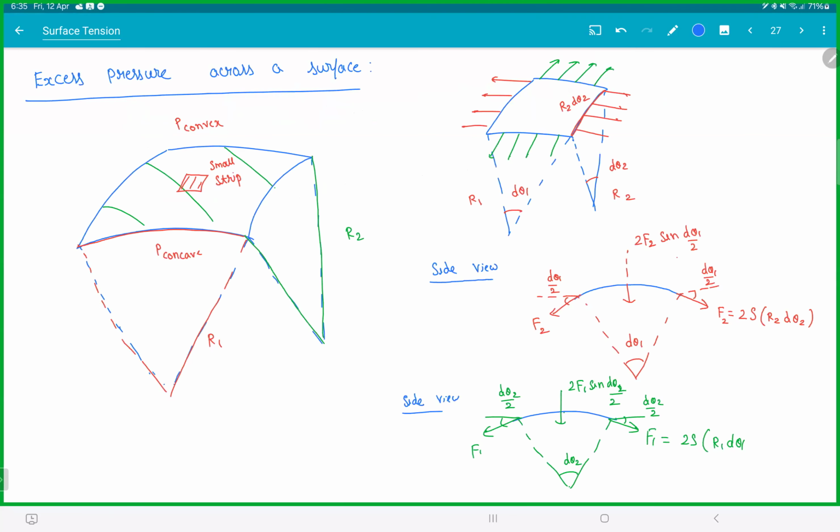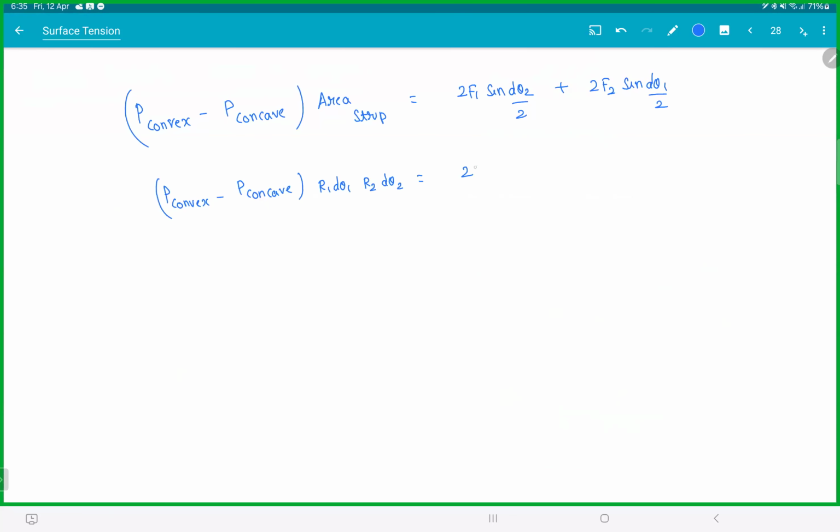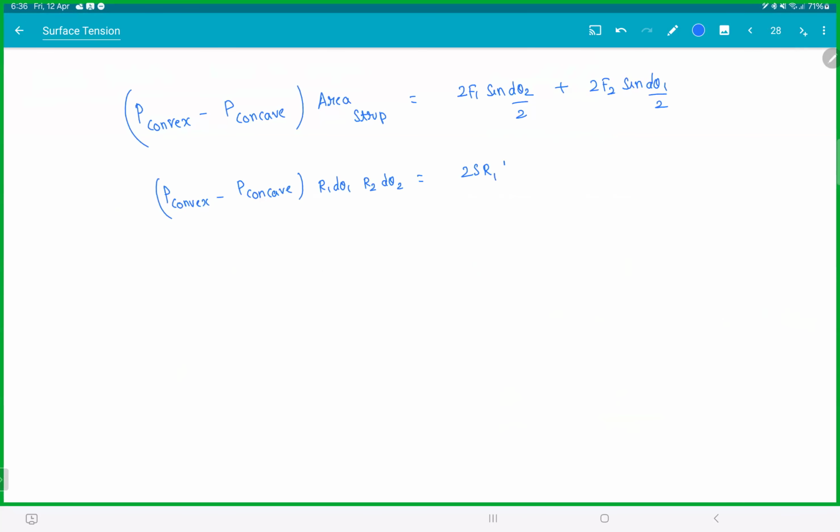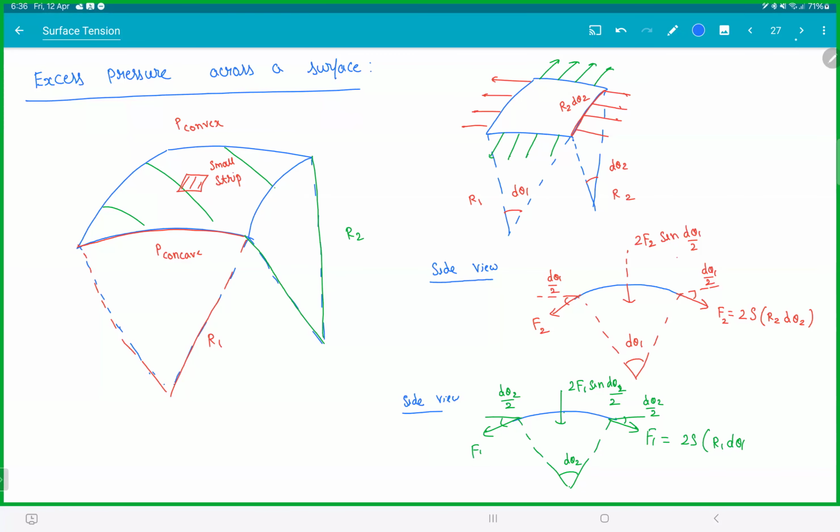F1 is how much? F1 is 2S r1 d theta 1. For small angles, you can write sine as d theta by 2, and there's one more 2 that will come.